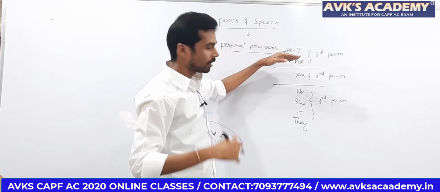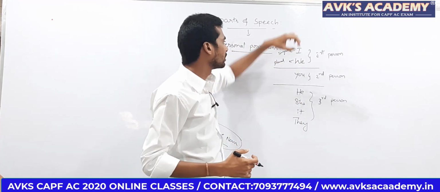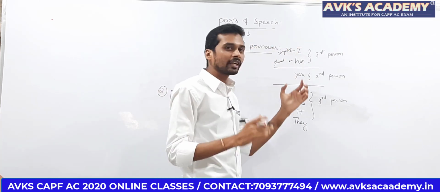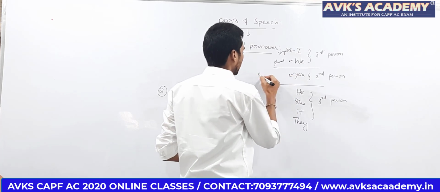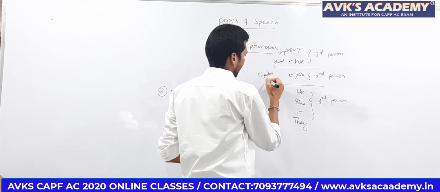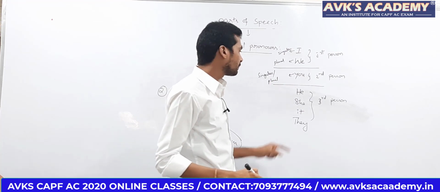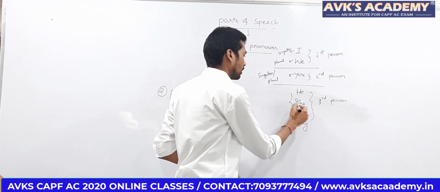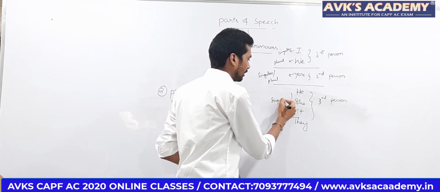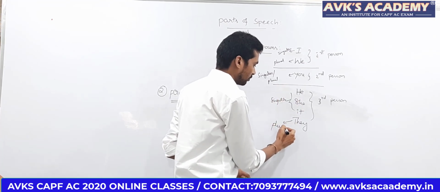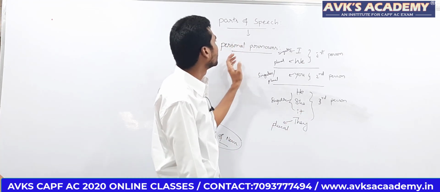I think you know the meaning of I and we. So this is the singular one and this is the plural form. In the second person you can use it as both singular and plural. When it comes to third person, he, she, it are singular, and they is what? Plural. So these are the personal pronouns.